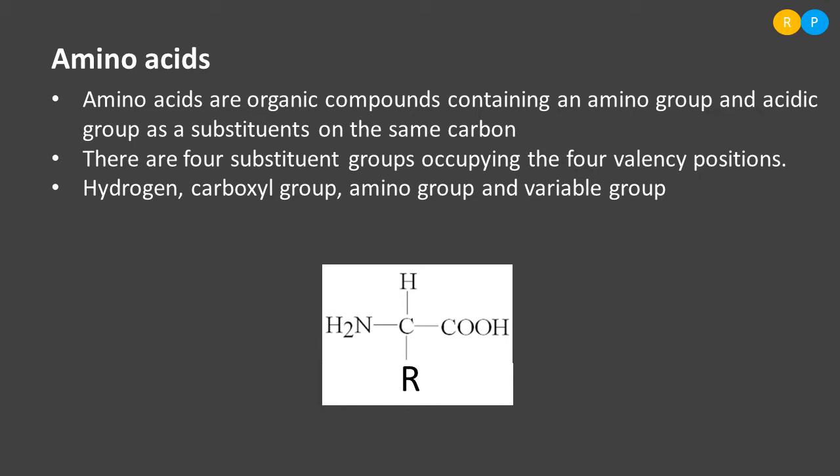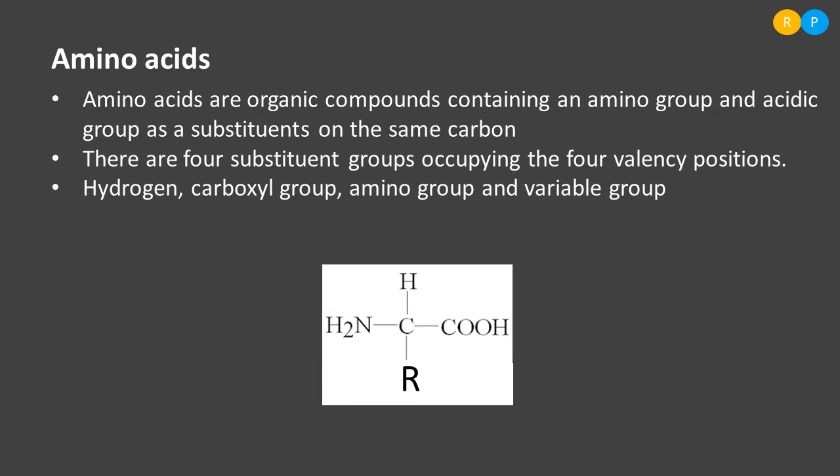But there are some amino acids that do not participate in protein formation at all. The best example is ornithine, right? Ornithine is also a kind of amino acid that is not involved in the formation of protein.